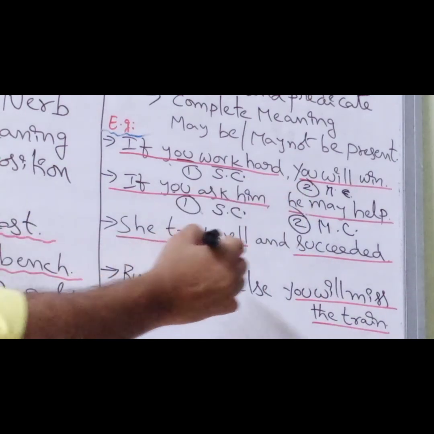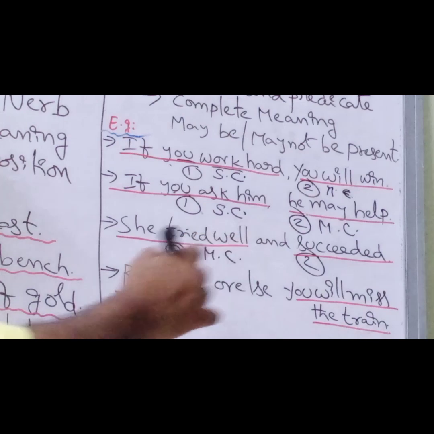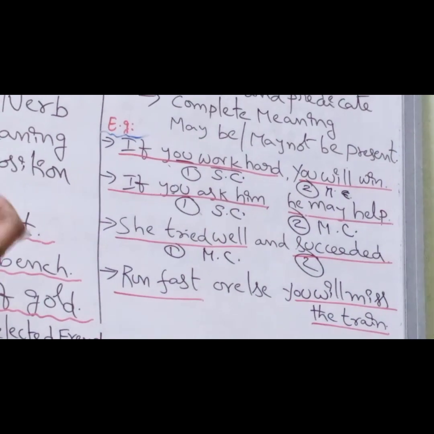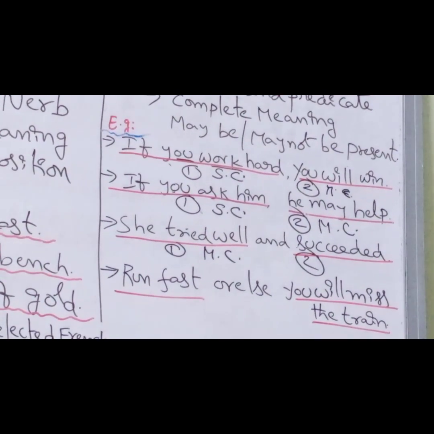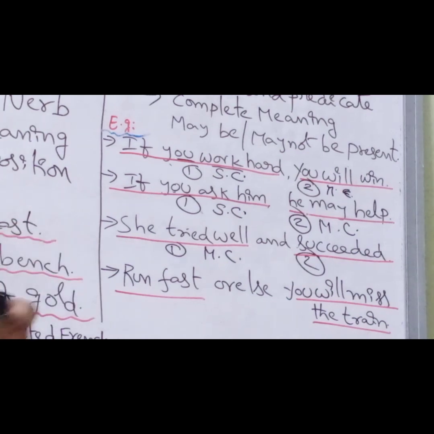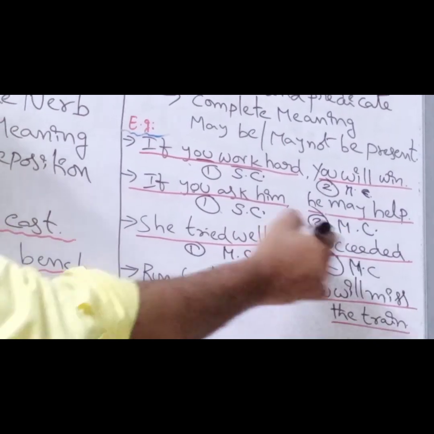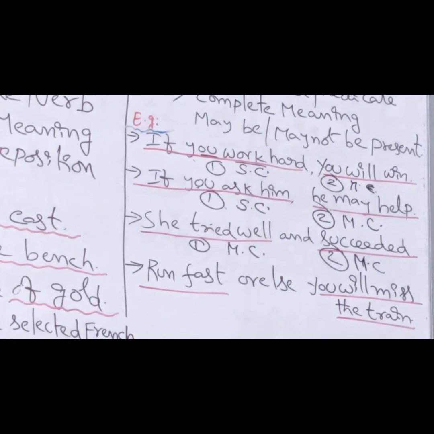And if you observe part 2, succeeded. Succeeded means she succeeded. Subject she can be taken in part 2 also. She, subject is there, succeeded, verb is there, and complete meaning is also there. So it can also be considered a main clause. There are two main clauses in this example.